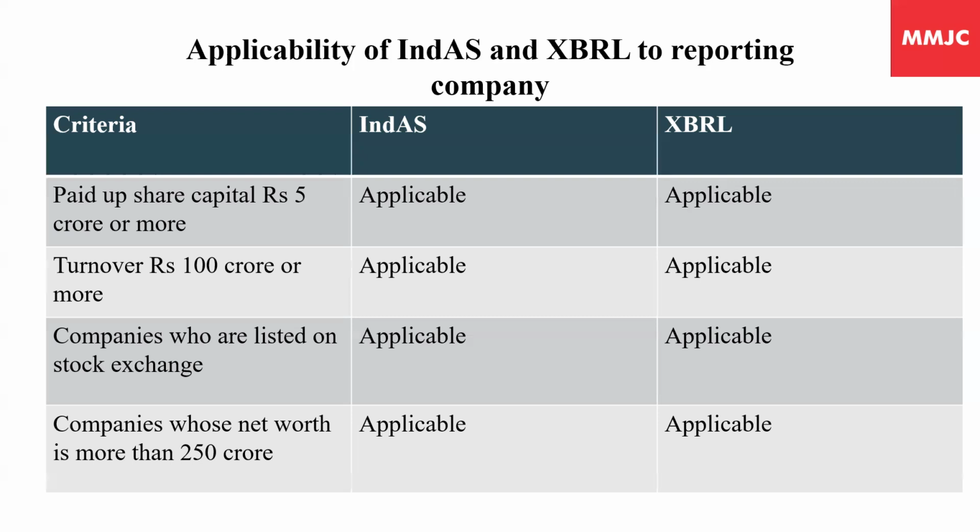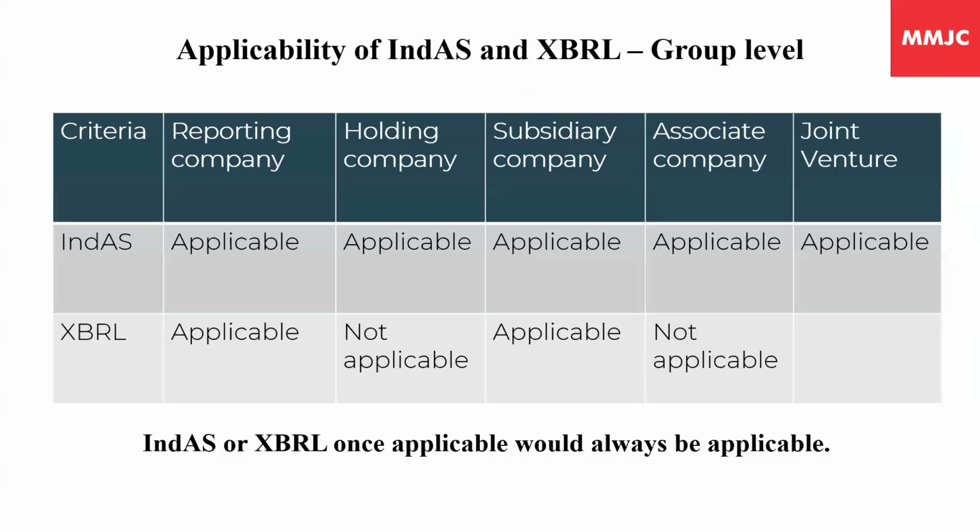For example, if A Limited is a subsidiary of B Limited and B Limited is a subsidiary of C Limited, and B Limited is the reporting company, in case of applicability of XBRL, if XBRL is applicable to the reporting company, that is B Limited, then it will also be applicable to its subsidiary A Limited, but it will not be applicable to its holding company, that is C Limited.